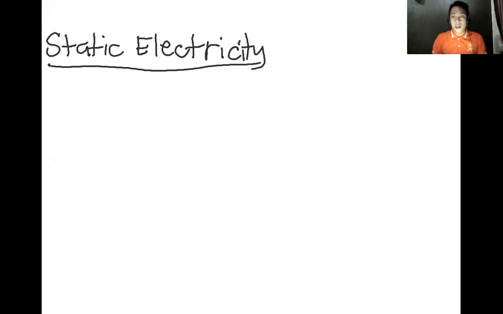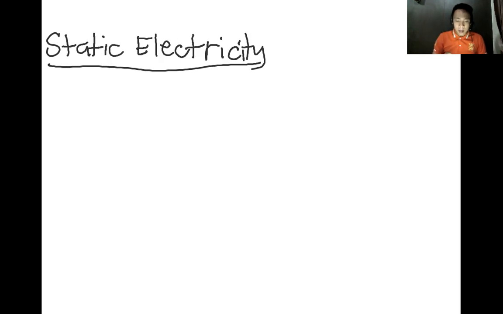understand this one, we need to review first the smallest particles in the whole world. We have what we call an atom, the smallest particle.